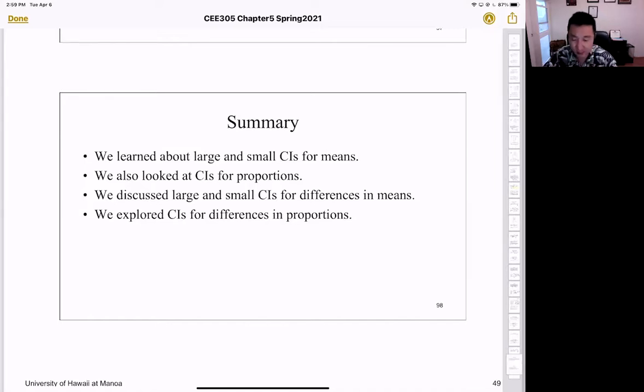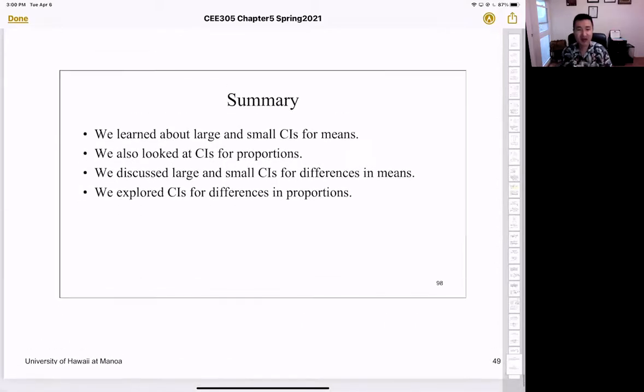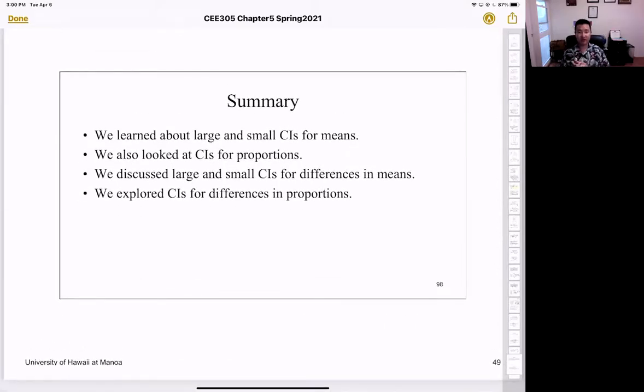Lastly, we discussed the prediction interval and the tolerance interval, which is obviously not a focus for this chapter. Next class, we will do some practice for chapter 5, and I will also assign our homework for chapter 5, and then we'll go to basically our last chapter for this class, which is chapter 6.